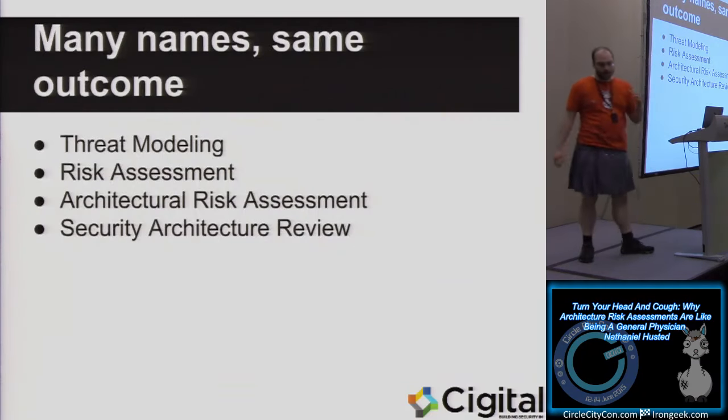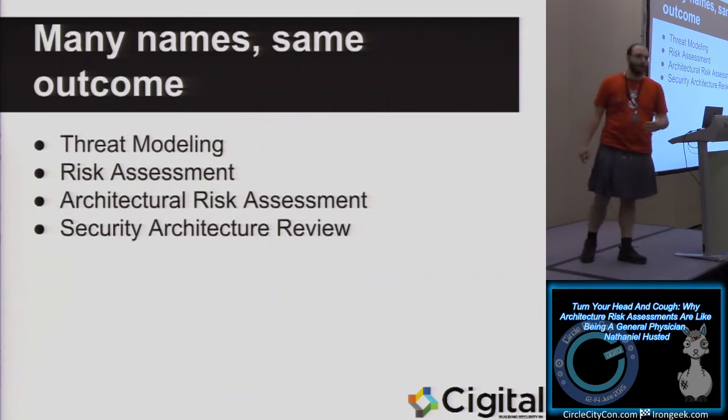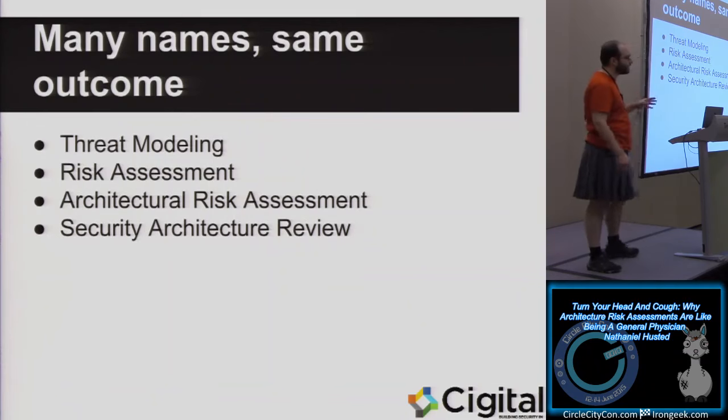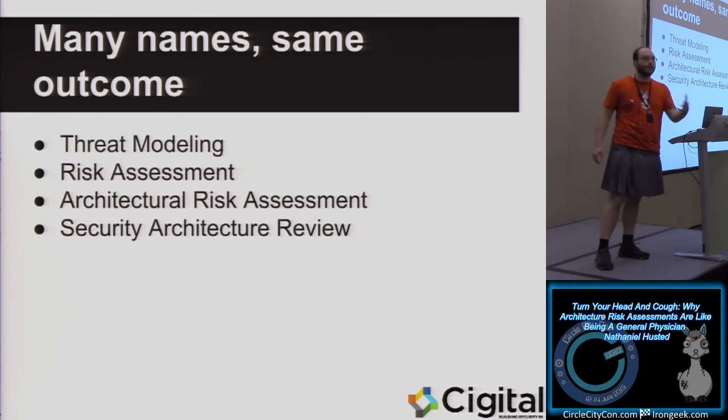But these also have a number of different names to them. And the processes are slightly different, but the end results tend to be the same goal. So I'm going to argue here, and some people might disagree with me, threat modeling, risk assessments, architectural risk assessments, and security architectural reviews. Roughly the same thing.